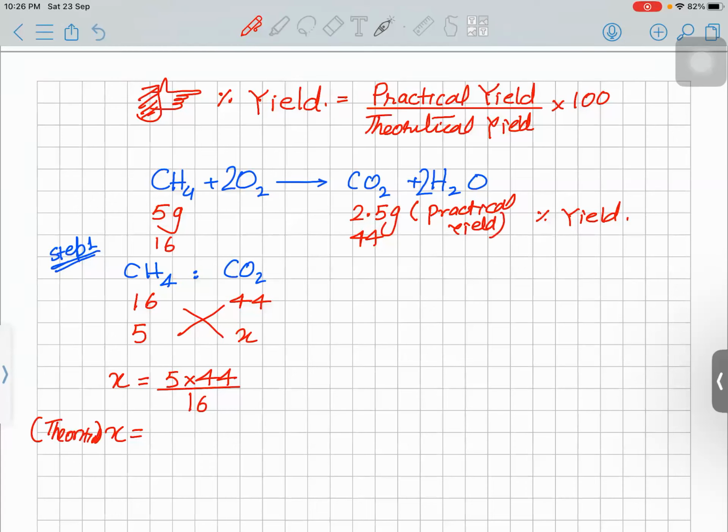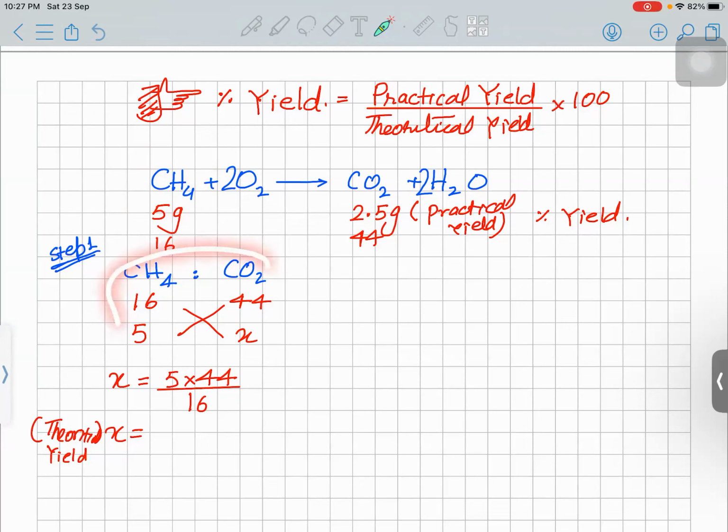The 5 gram. No. The question is that if 5 gram of CH4 is taken, 2.5 gram of carbon dioxide are produced, right? If you perform practical and take 5 gram of CH4, 2.5 gram of carbon dioxide is produced. Now the question is that find the percentage yield.